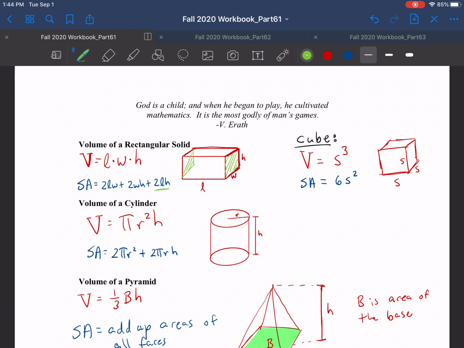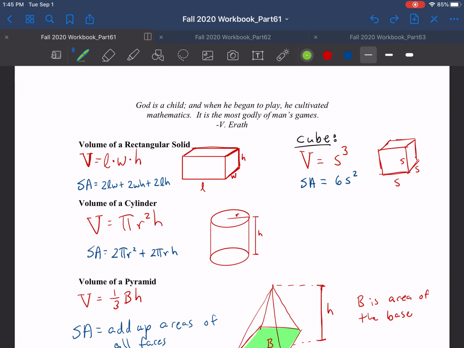You can't see it, but those two faces are the same, and they have an area of width times height. So that gives me those two faces. The last one I have is length times width, and that gives me this bottom face and this top face. They are the same, so it's 2 times length times width. And so that's essentially adding up the area of each face, and getting the total surface area of the whole thing.